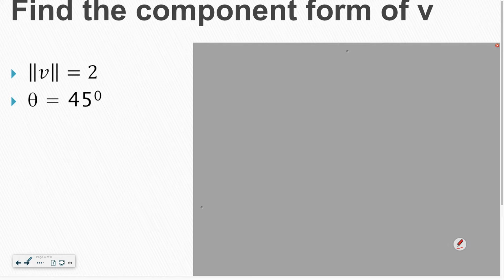Okay, go ahead and write this down. I want us to find the component form of vector V if we know that the magnitude is 2 and the angle is 45 degrees. Our direction angle is 45 degrees.